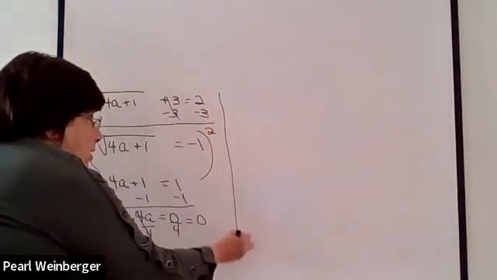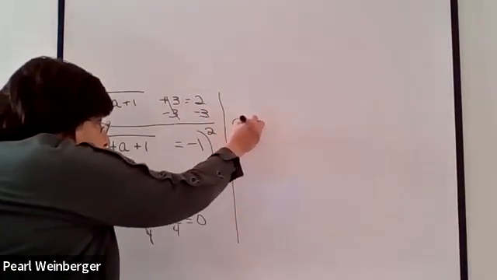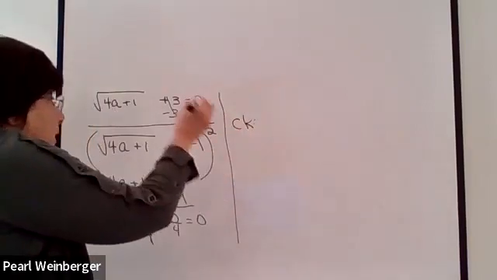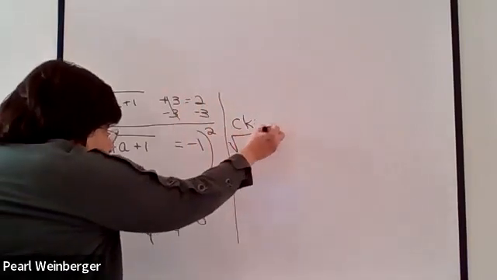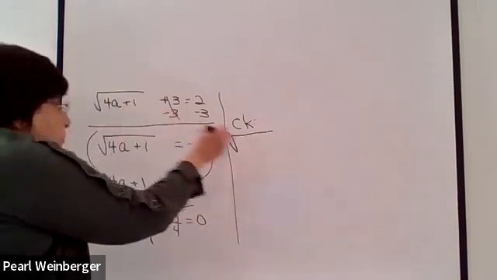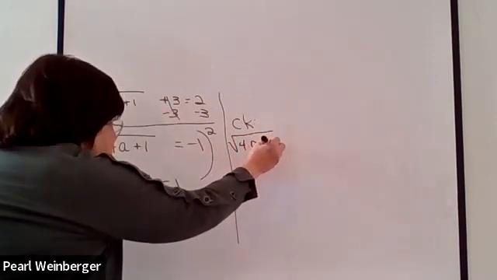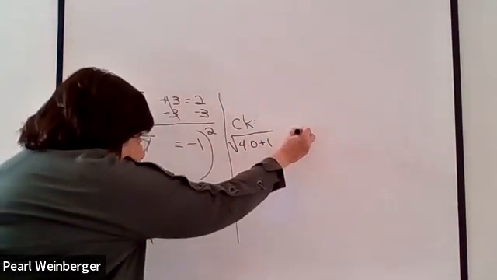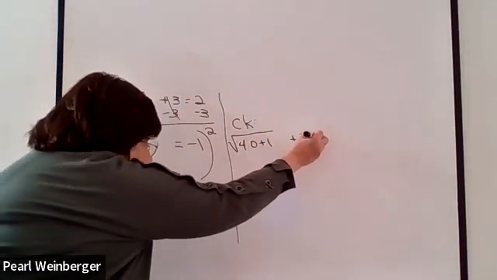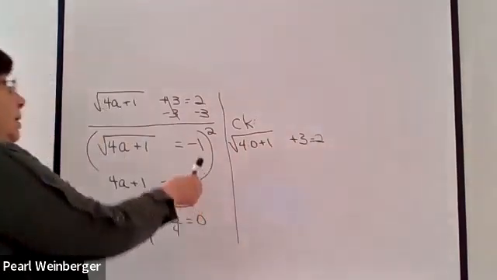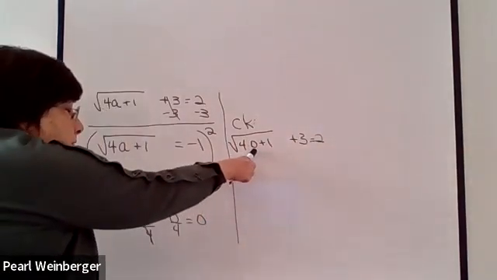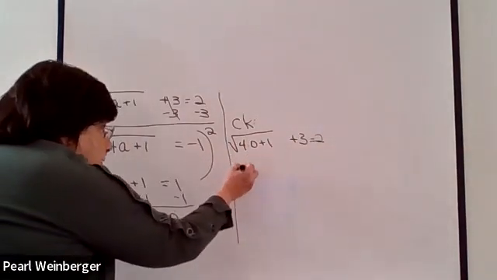So here's our check. In place of a, we're putting 0. So we're doing the square root of 4 times 0 plus 1, plus 3 equals 2. Now we know 4 times 0 is 0, and 0 plus 1 is just 1.